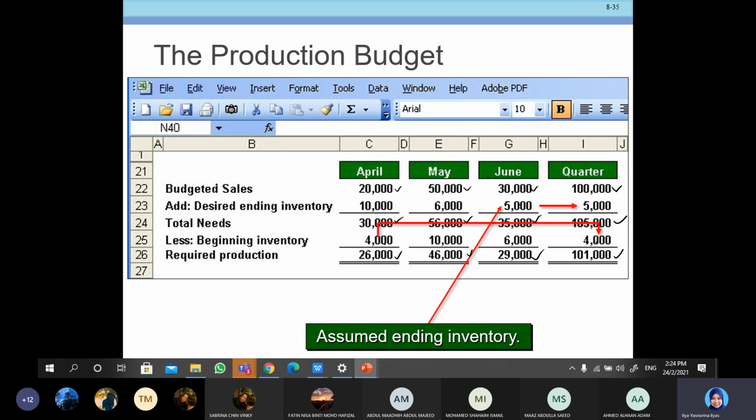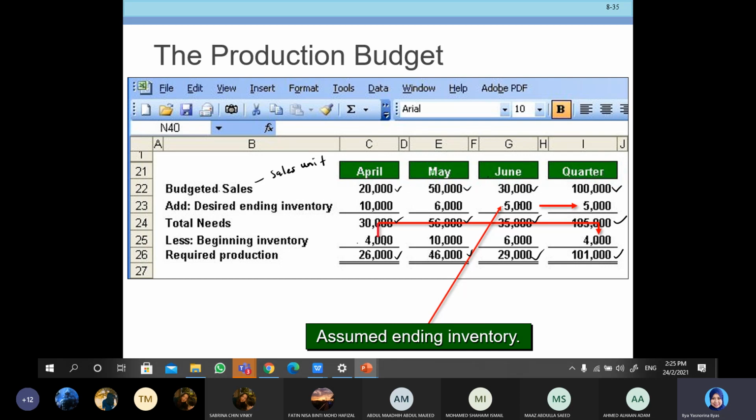The format is budgeted sales from the sales unit, and then ending inventory, then you will get total need, then less beginning inventory. So the desired ending inventory is 20% from the net sales. Okay, and beginning inventory is normally the ending inventory of last month. That is how the format of the production budget works.